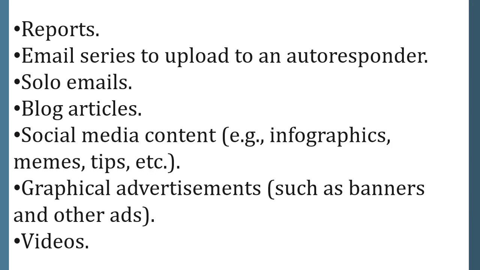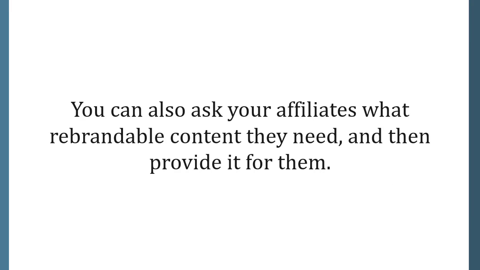This content includes reports, email series to upload to an autoresponder, blog articles, solo emails, social media content, for example, infographics, memes, tips, etc. Graphical advertisements such as banners and other ads, videos. And you can also ask your affiliates what rebrandable content they need and then provide it for them.